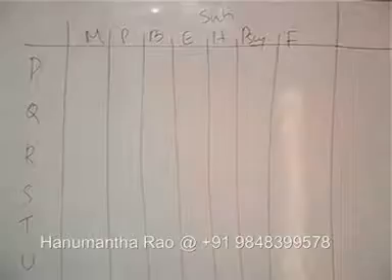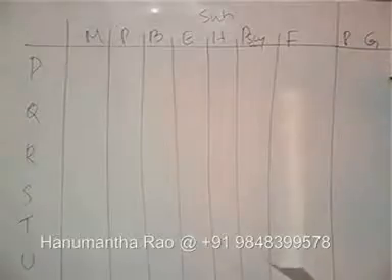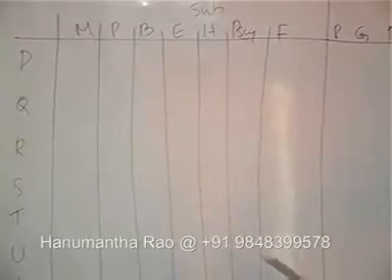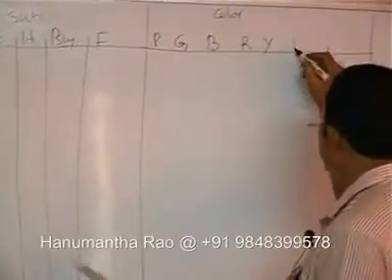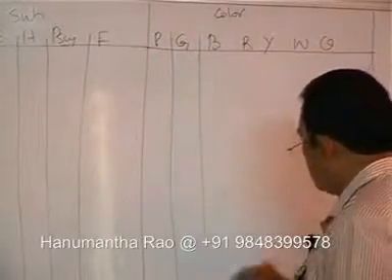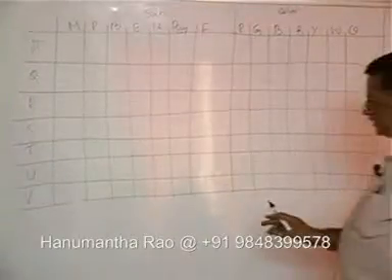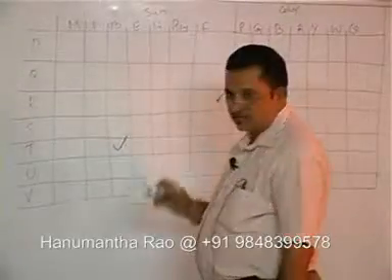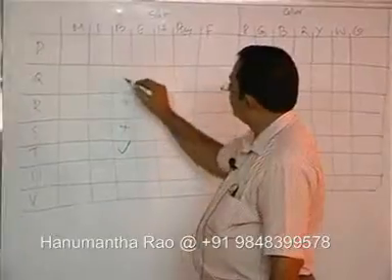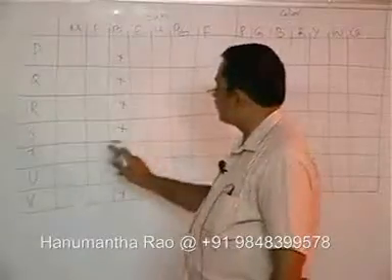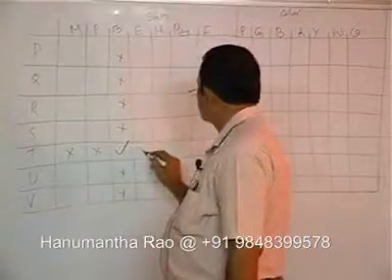What are those 7 colors? Pink, green, blue, red, yellow, white, orange. Again, not necessarily in the order. T teaches biology. If T is teaching biology, no other will teach biology, and he will not teach other subjects also.